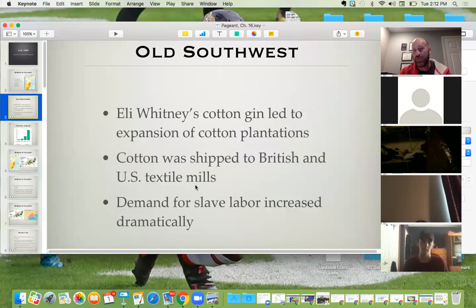Now, I'm sure you've heard the story probably back in junior high of Eli Whitney's cotton gin. I think it's unfair to blame Eli Whitney entirely for the expansion of slavery, but unfortunately for poor Eli, and I say poor Eli in this case because he hardly profited off this invention. There were some patent issues.